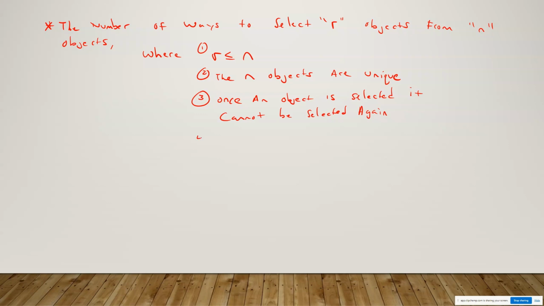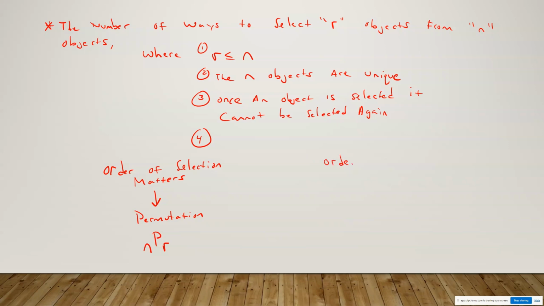And then the fourth option is where permutations and combinations differ. If the order of selection matters, this is a permutation, and we denote it this way: nPr, so N pick R objects.